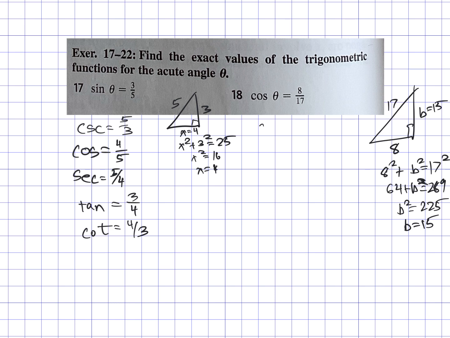I got cosine, so that means secant is the reciprocal, 17/8. So the sine is opposite. Again, we're making theta here at the first corner. Sine of theta is 15 over 17, so the cosecant is 17 over 15. Tangent is 15 over 8, and the cotangent is 8 over 15. Pretty easy.